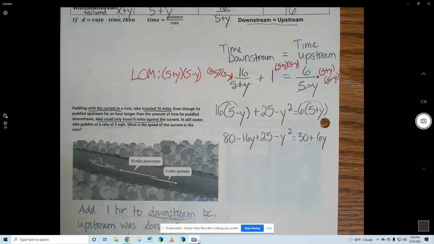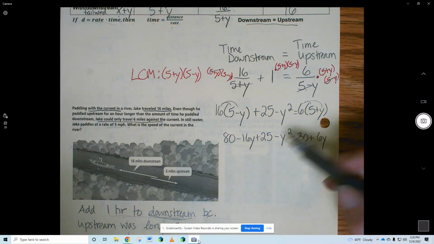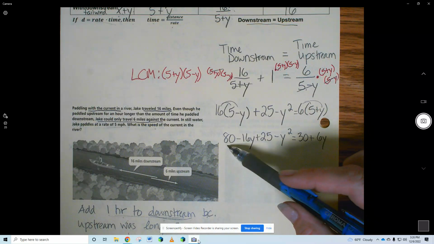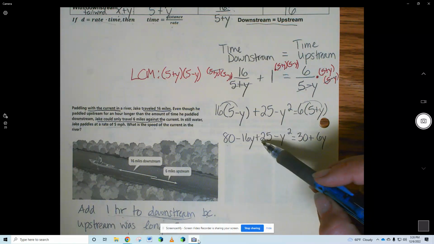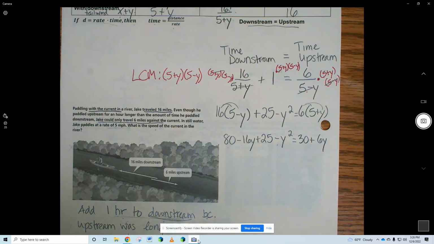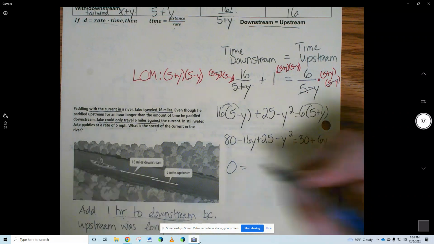Let's get everything moved so the y squared is positive. I really do want it to be positive. I'm just going to move everything over to the right. Subtract 80. Add 16y. Subtract 25. Add y squared. Lucky you, I'm going to do it all for you.